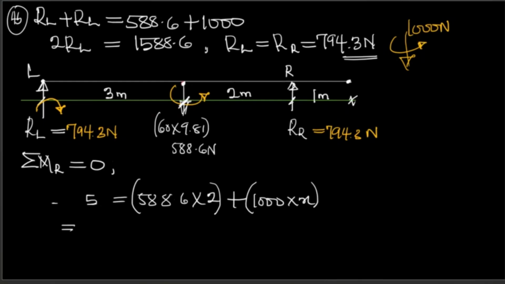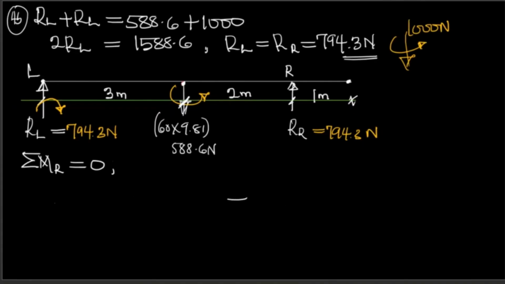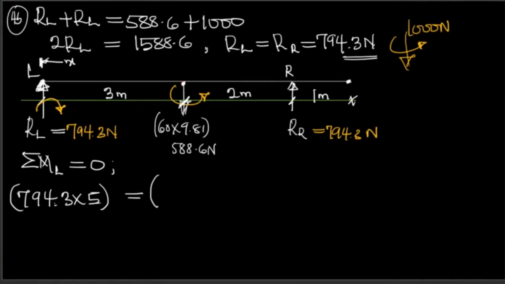Okay, let's take moment about the left hand side, because now we are getting different values, and so that we know the position is going to be x distance from that point. So it's going to be 794.3 multiplied by 5 equals 588.6 multiplied by 3, plus 1000x.